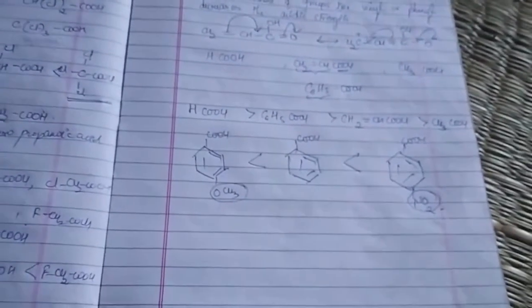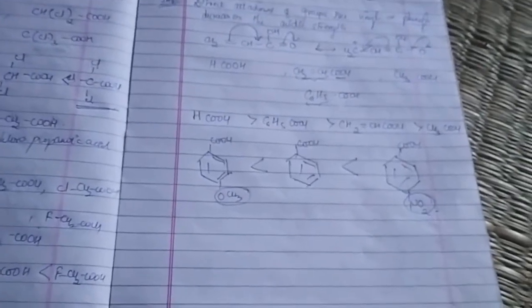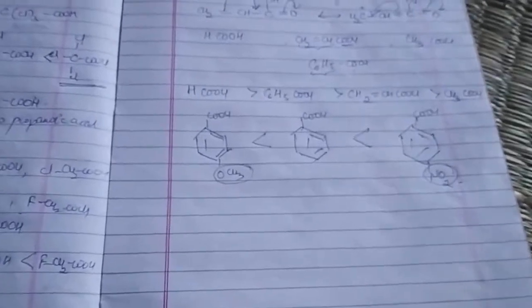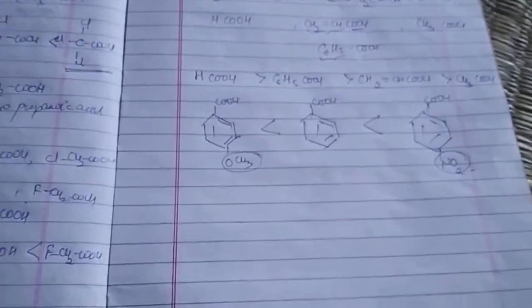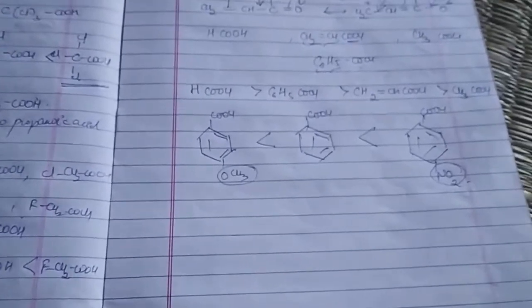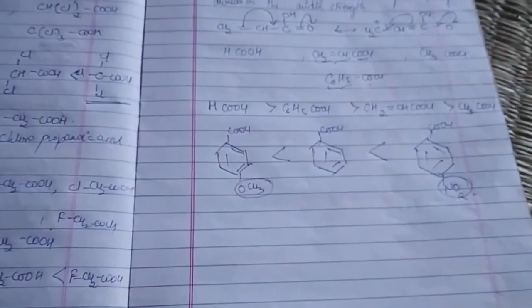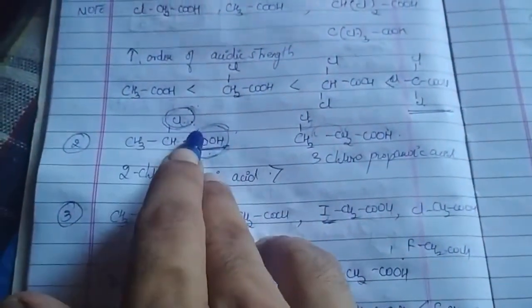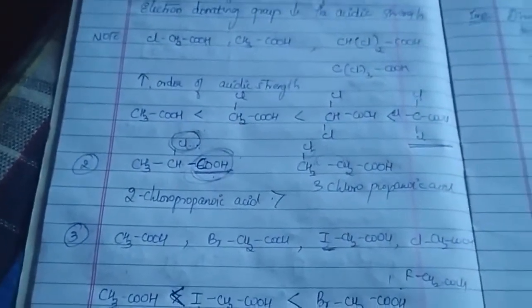Then we came to know with respect to the substituents, one important part: whenever electron withdrawing groups are present, it increases the acidic strength of your carboxylic acid. Within that, as the number of electron withdrawing groups increases, acidic strength increases. As the electron withdrawing groups are present in a position nearer to the carboxylic group, acidic strength increases.